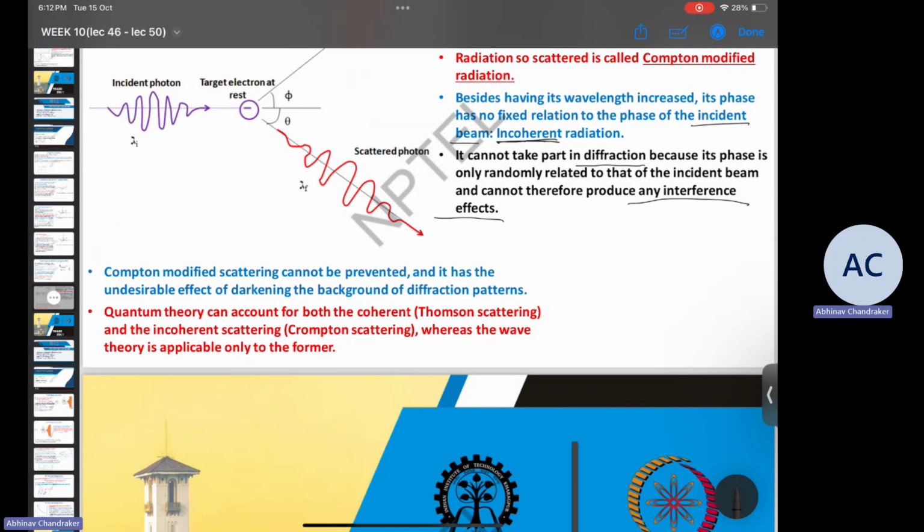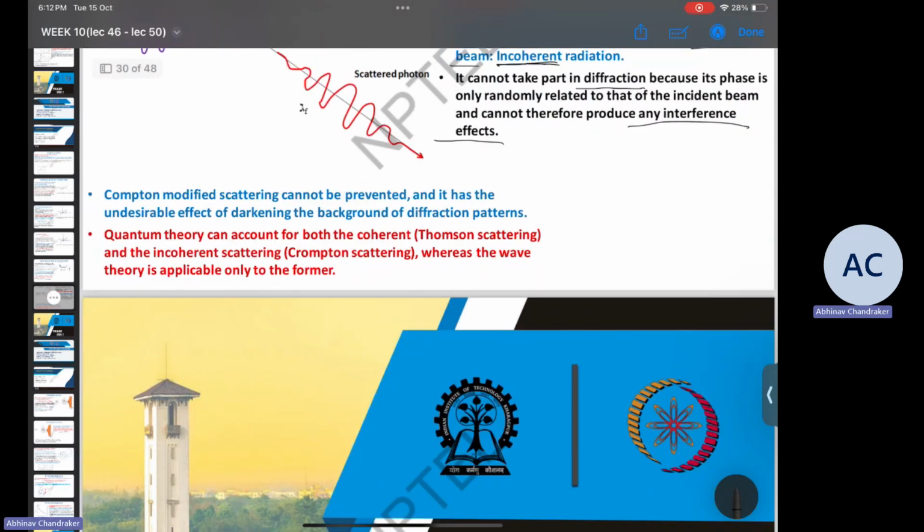So because no interference is occurring, it will appear as a constant background in the X-ray diffraction plot. So at all theta angles, we'll see that there is some intensity coming due to Compton effect, as is written here also.